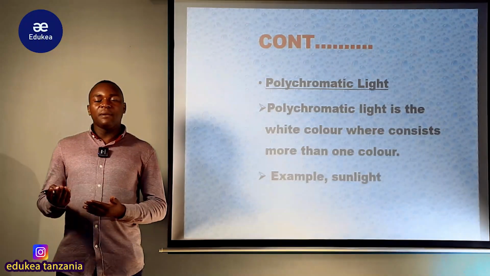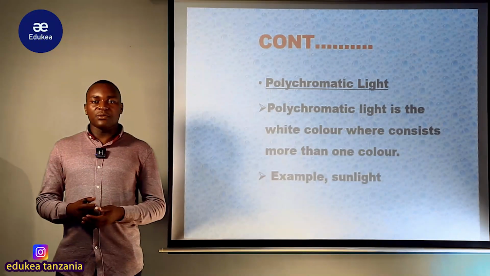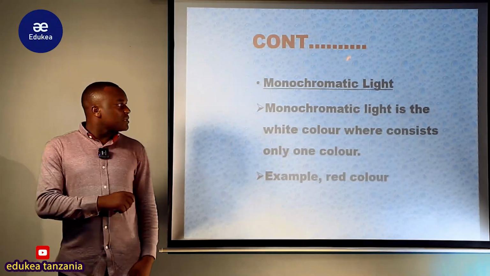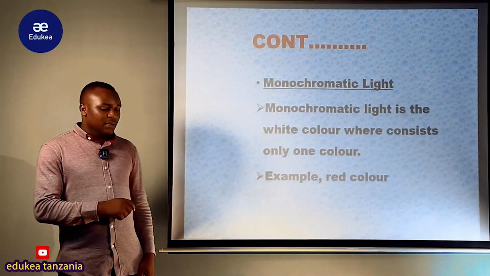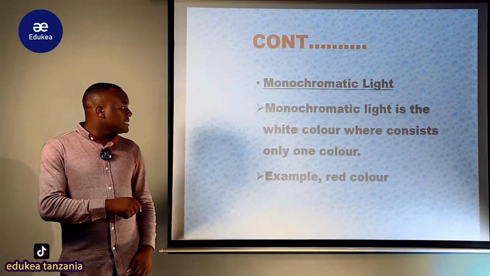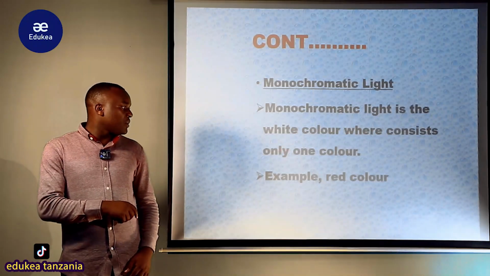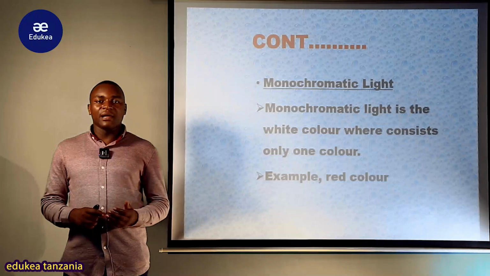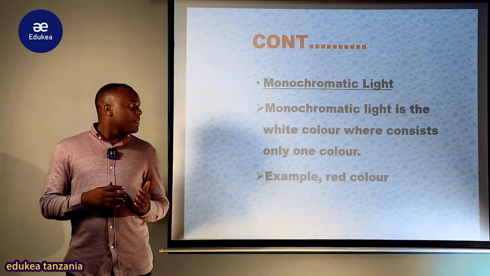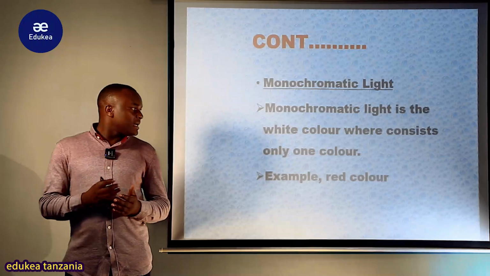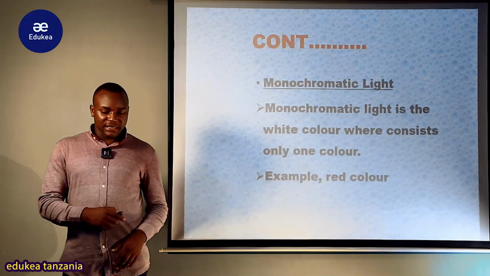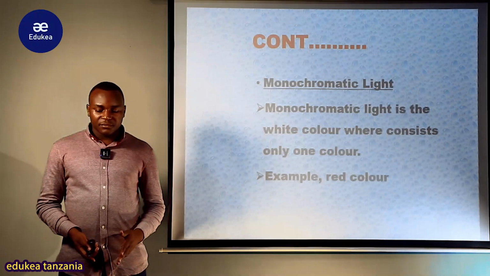Maana yake ikisplit inatengeneza rangi nyingi zaidi ya moja. That is polychromatic. Lakini ukija ukazungumzia monochromatic light, means a monochromatic light is a white color which consists of only one color. Kwa mfano red color, kwamba hii unakuta ni light ambayo consist only one color, that is a monochromatic light.